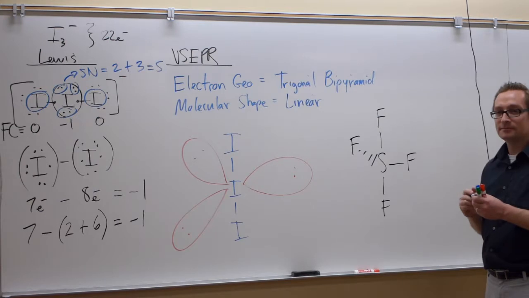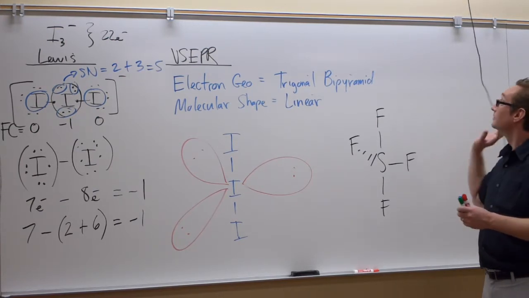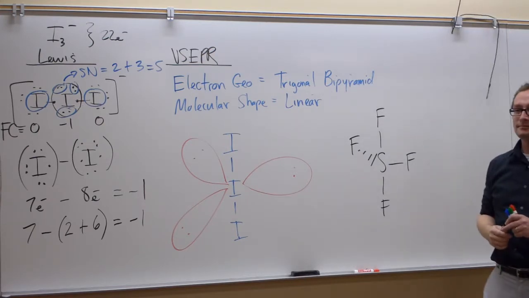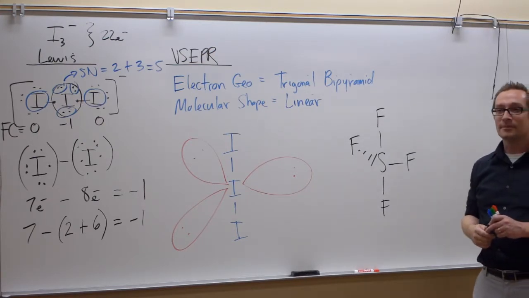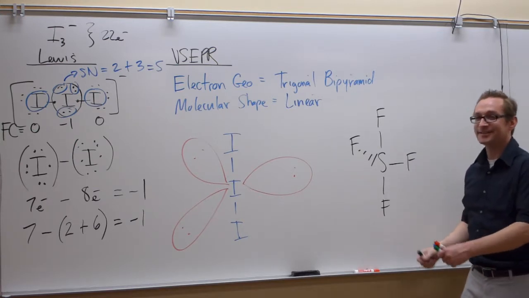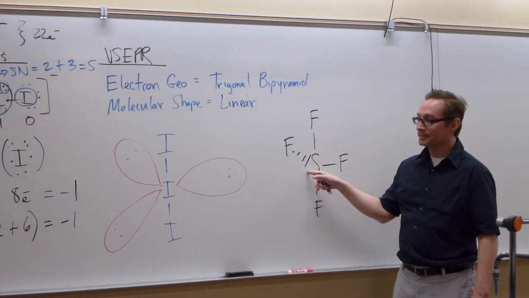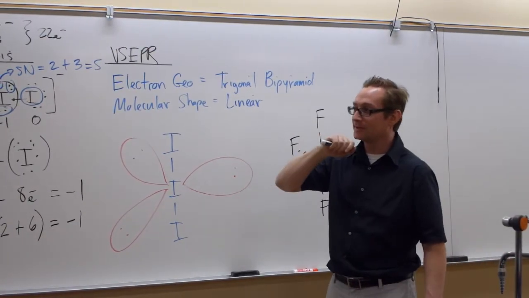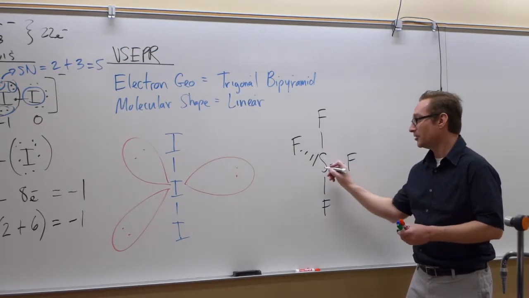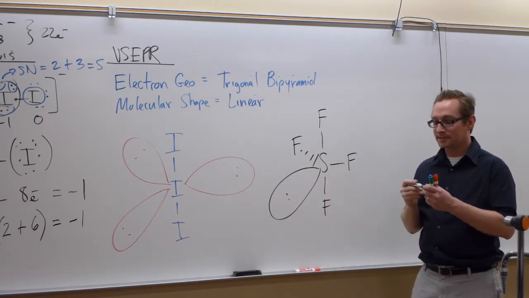Would that be correct? It would be correct. So if you wanted to draw this instead of that shape over there for SF4, it would still be correct. It's just that now the lone pair is here instead. But it's still a viable shape.